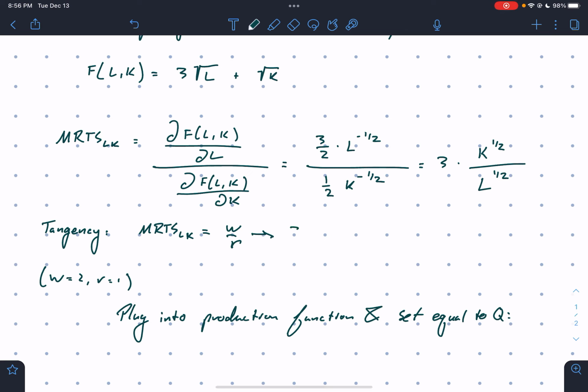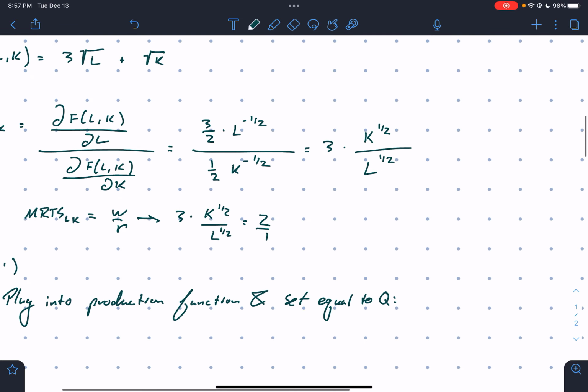So this means we have 3 times K to the 1/2 over L to the 1/2 is equal to 2 over 1. So this means if I multiply the L to the 1/2 over, I get 3 times K to the 1/2 is equal to 2 times L to the 1/2.